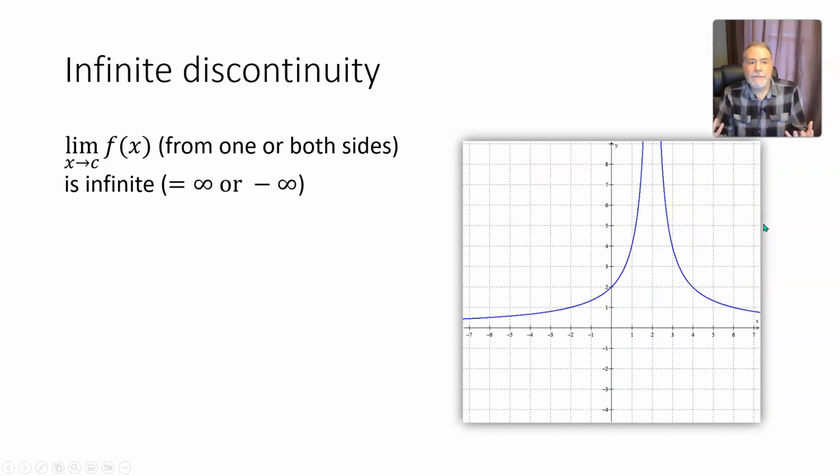And then an infinite discontinuity is one where you have an infinite limit. The limit as x approaches c, either from the left or from the right or both, is infinite. It either equals infinity or it equals negative infinity, or possibly one of those from one side and the other from the other side.